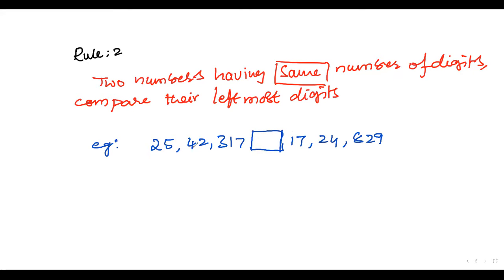First, rule number 1: count the number of digits. Here there are 7, and here there are also 7. The two numbers have the same number of digits. Now, is it possible to say which is greater? Yes. As I told you, compare their leftmost digits when the numbers have the same number of digits.